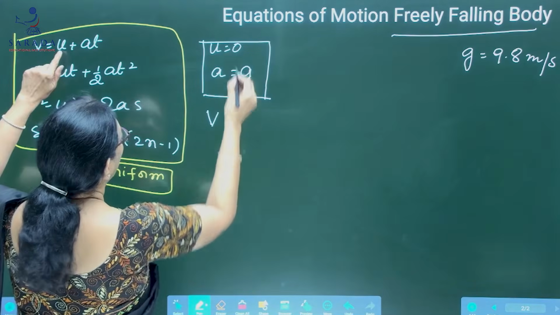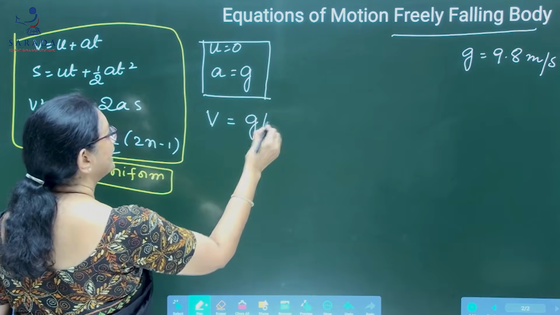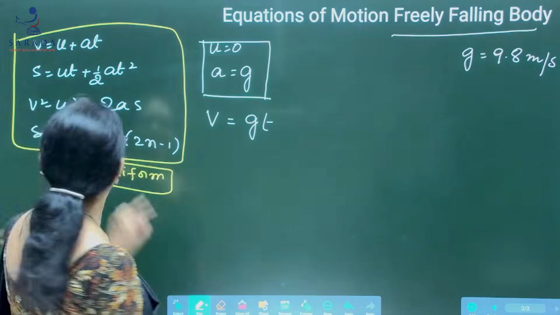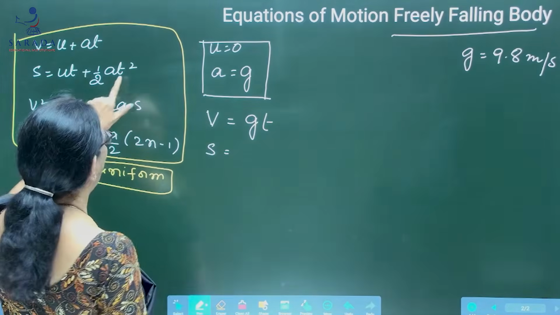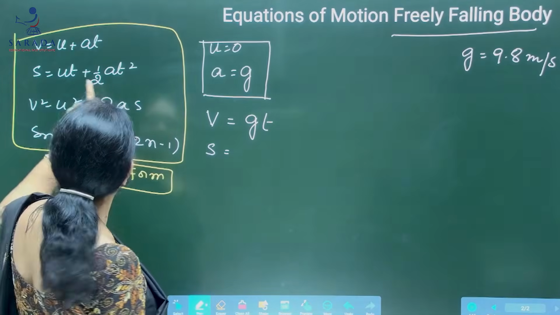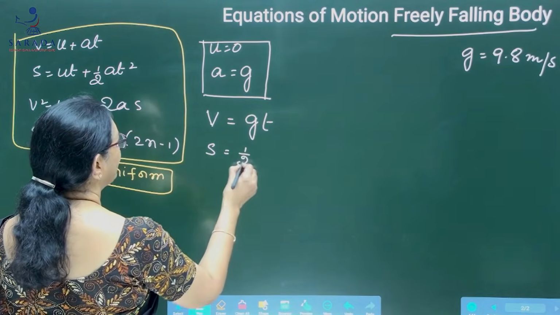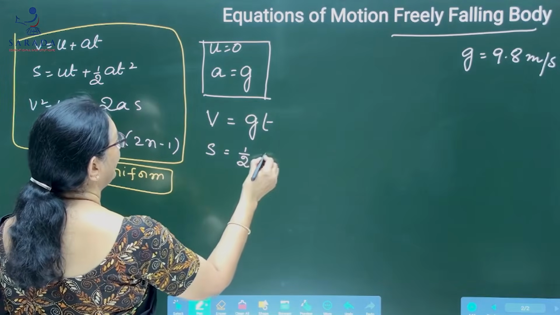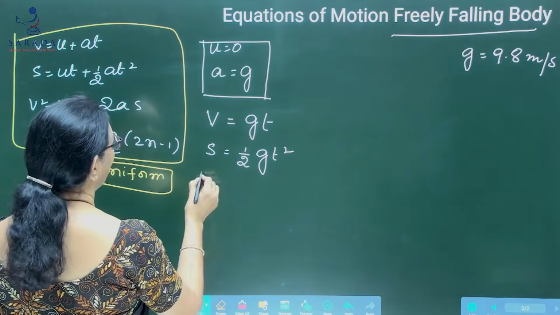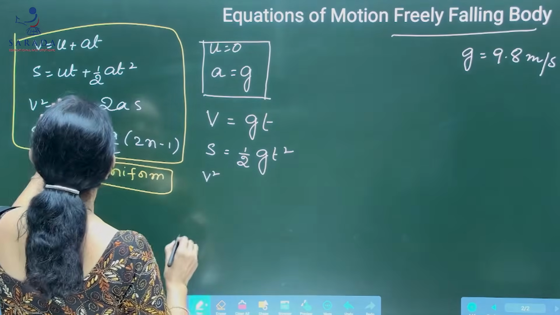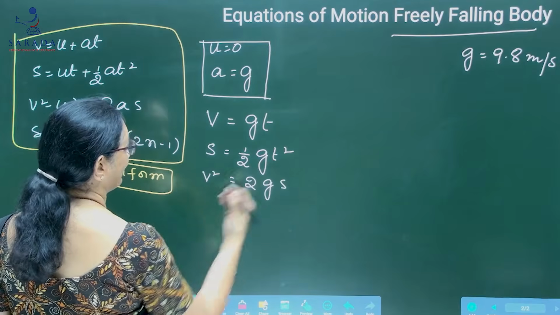Now, applying these two conditions in the equation, velocity at the end of time t, v is u plus at, u is equal to 0, a is equal to g. So, v is equal to gt. In the second equation, displacement at the end of time t, the ut term becomes 0, so it is just half gt square. Coming to the third equation, v square, u is 0, is equal to 2gs.